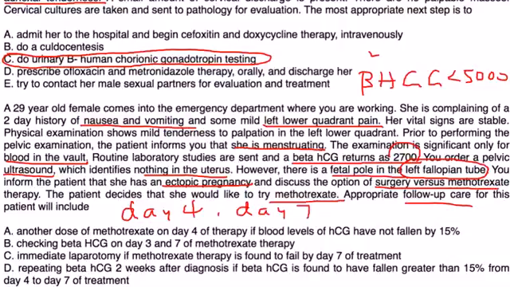You have to measure the beta-HCG level, and if the beta-HCG level drops by greater than 15%, then you know that the treatment is working. So, which one of those would that be? Right here. Repeating beta-HCG 2 weeks after diagnosis, if beta-HCG is found to have fallen greater than 15% from day 4 to day 7 of treatment.